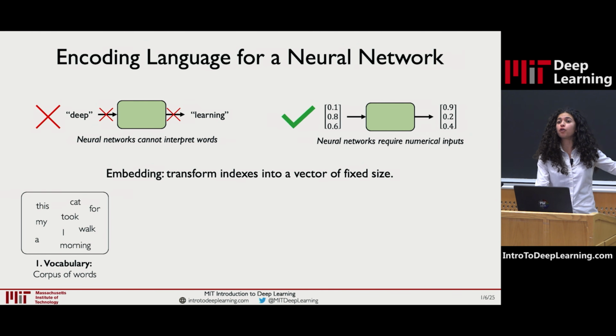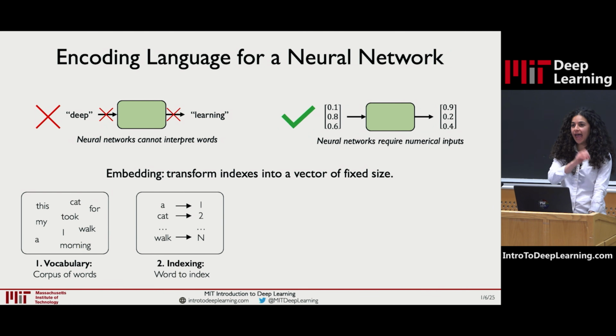We call this a vocabulary, right? A corpus of words that covers all the possible words that we could encounter. And this vocabulary has to have some fixed size, right? What we can then do is take the individual words in this vocabulary and map them to a number, an index. Let's say A maps to 1, cat maps to 2, so on and so forth.